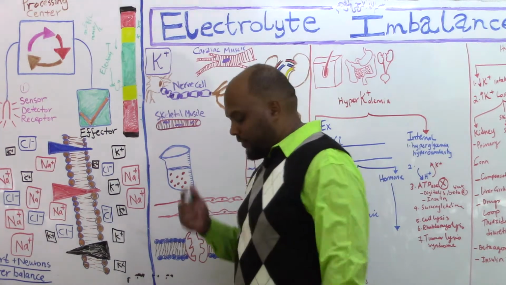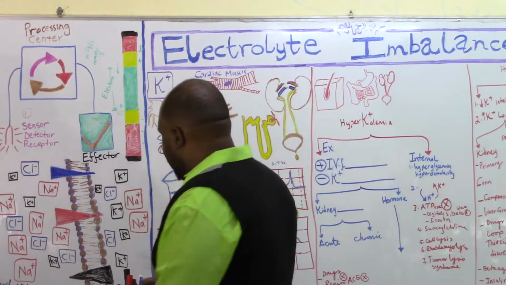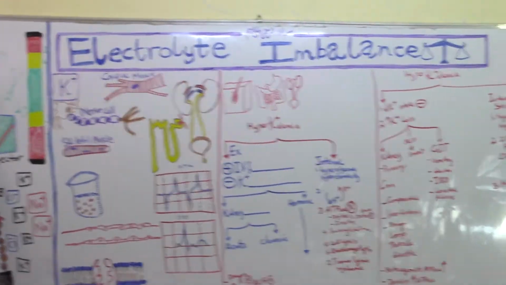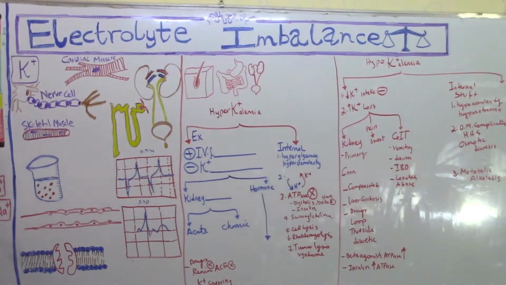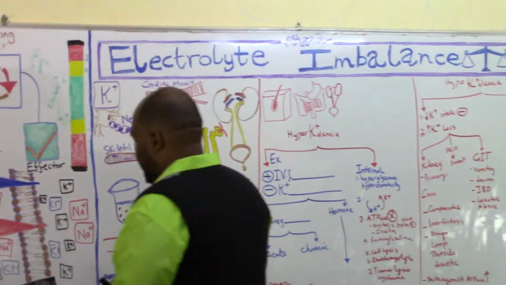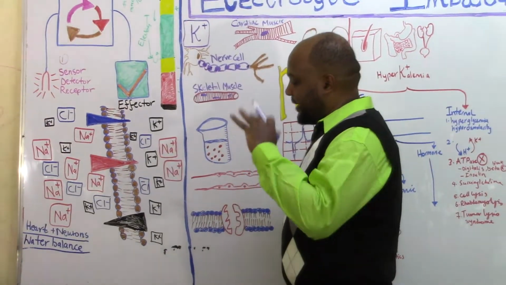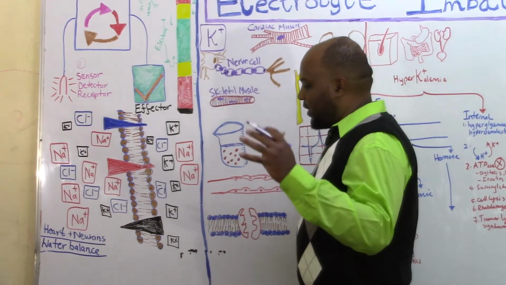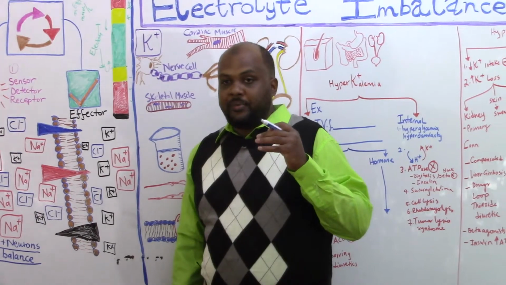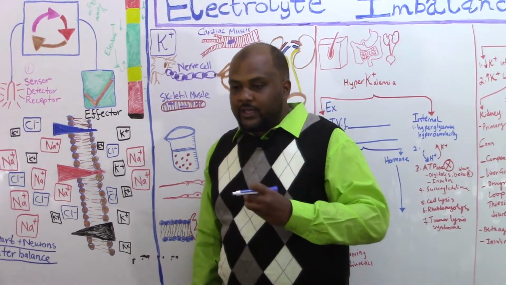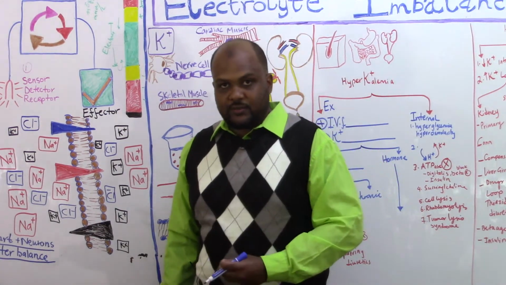Okay, another very important point to be mentioned, and that is electrolytes are very important for fluid balance. On a macro level, electrolytes are important for the heart, the neurons, and the skeletal muscles, because we need the electrolytes in order to carry out the electrical signals.